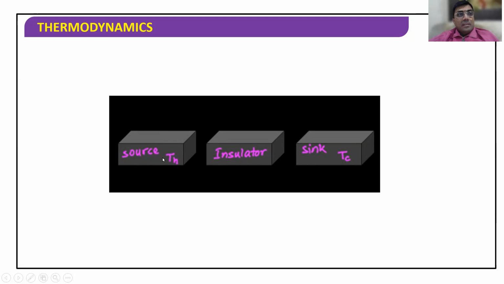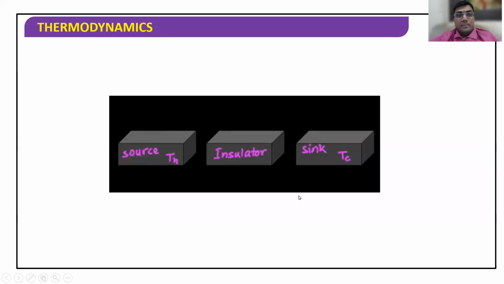So his construction is, you want to perform these four operations, that is isothermal expansion, adiabatic expansion, isothermal compression, adiabatic compression. All these you can do on these platforms, that is source, insulator, sink.